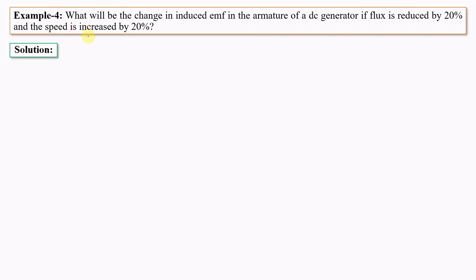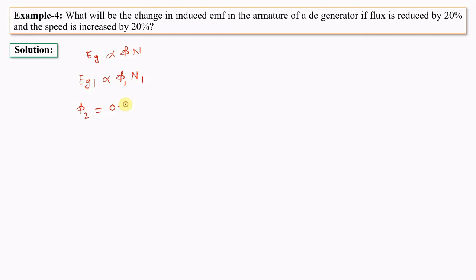So we all know that the generated EMF is proportional to flux into speed. So for the first case we can write Eg1 is proportional to phi 1 into N1. Now if the flux is reduced by 20%, therefore for the second case the flux will be only 80% of the initial flux.